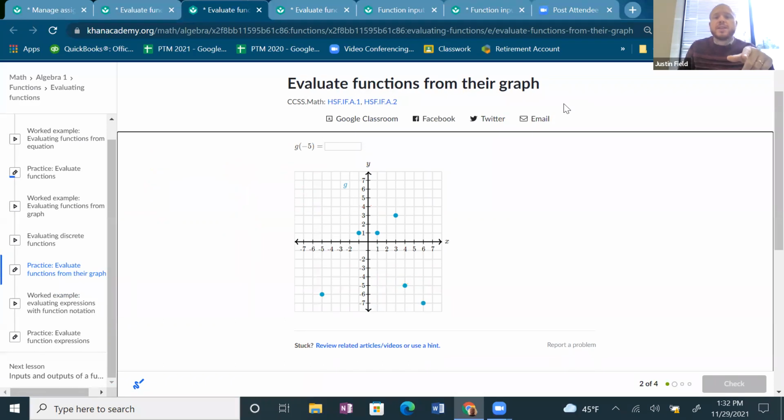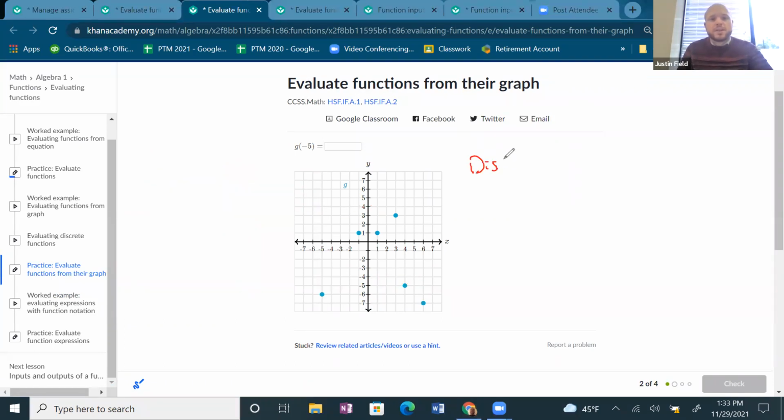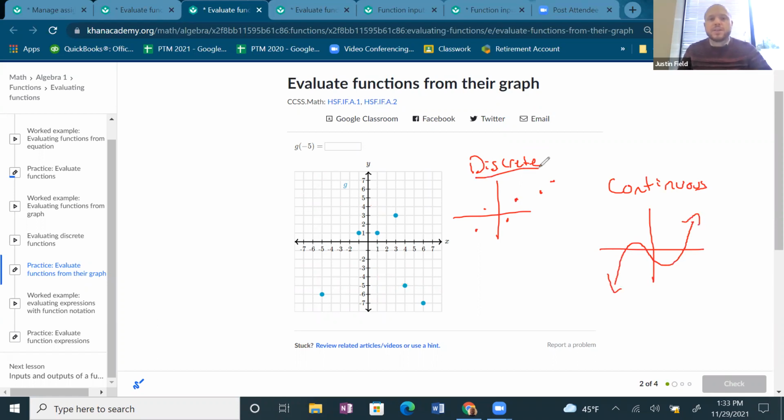Now this is called a discrete graph. Discrete is like these little dots, you know? And then the opposite would be continuous. And that is no breaks. All right, so discrete, continuous.